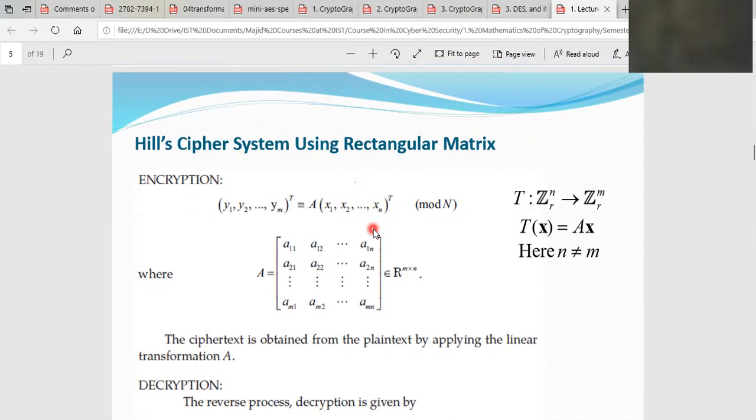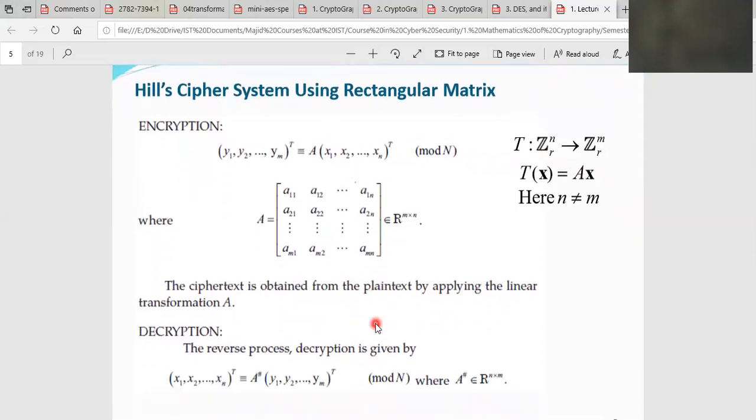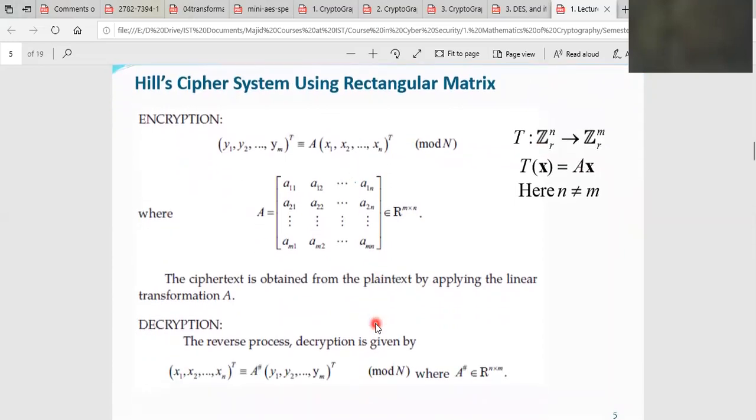So this is an encryption algorithm where you apply a rectangular matrix to the input. You will get an output m cross 1 tuple, a column vector, which consists of m rows and one column.